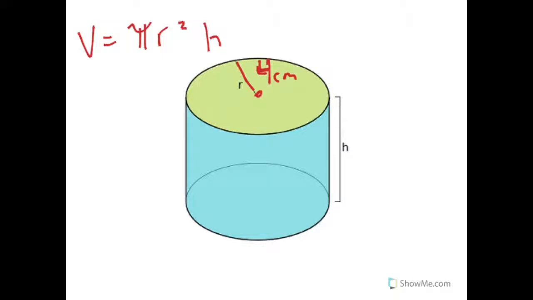And let's say that our height was 15 centimeters. Well, let's do a little work. R squared, I know, is going to be 4 squared. 4 times 4 is 16. And I'm going to have to multiply that by pi.